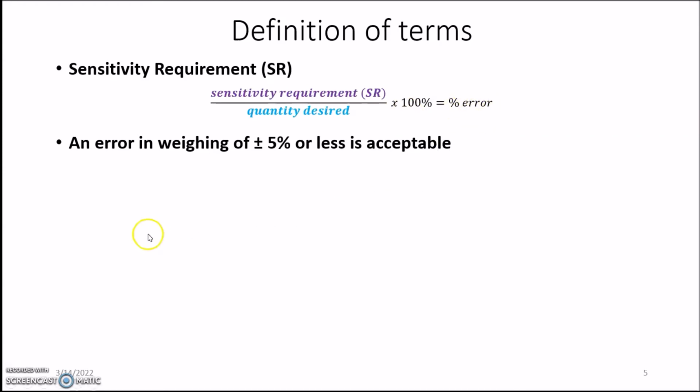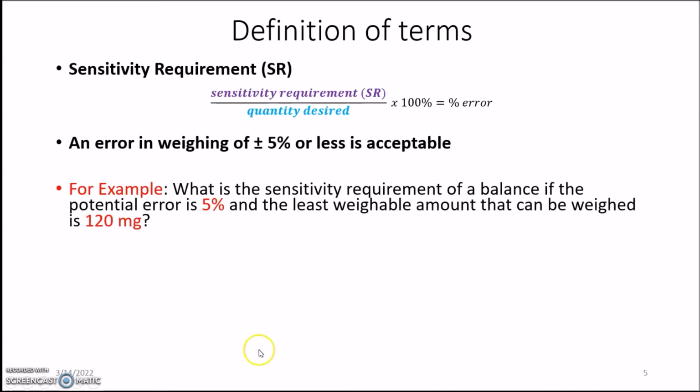An error that is associated with weighing of plus or minus 5% is acceptable. So for example, what is the sensitivity requirement of a balance if the potential error is 5%, and the least weighable amount that can be weighed is 120 milligrams?